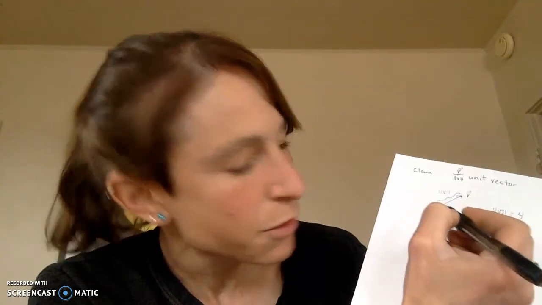So this could be like, let's say the length of v is 4. Well, then when I do v over the length of v, I'm basically just shrinking this down to 1/4 its size, so the new length should be 1.